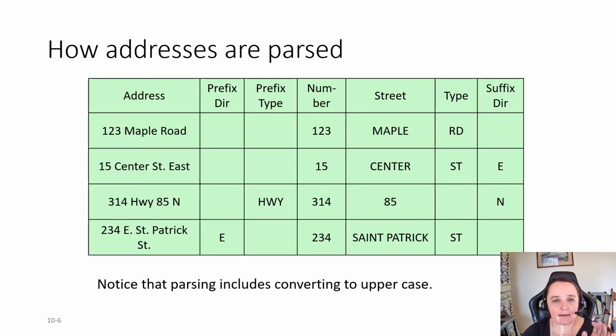So the computer has to parse these out. In the table, either the street address is written as one column with all of those pieces in that one column, or the components are separate columns, so that the computer understands which part is the number for the actual address, which part is the street name, and which part is the street type.